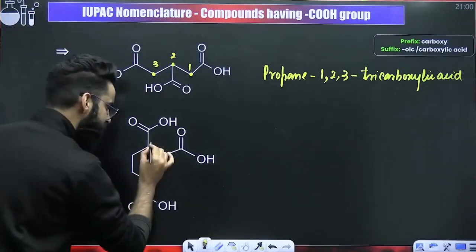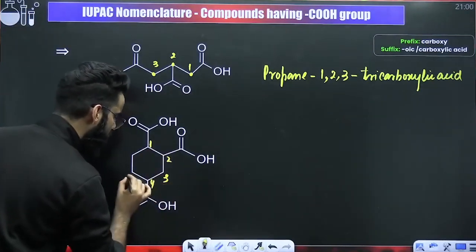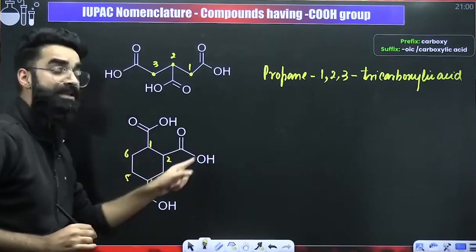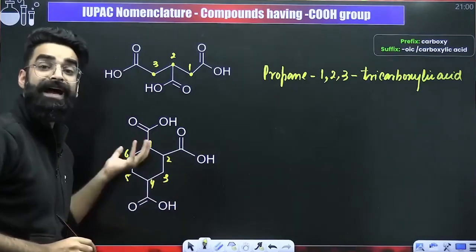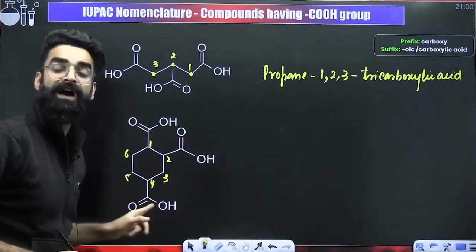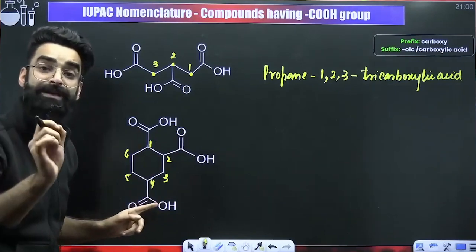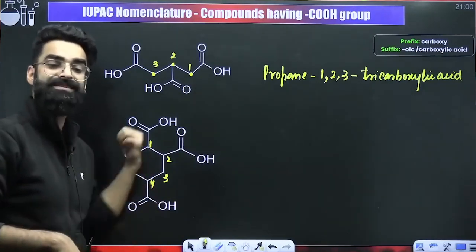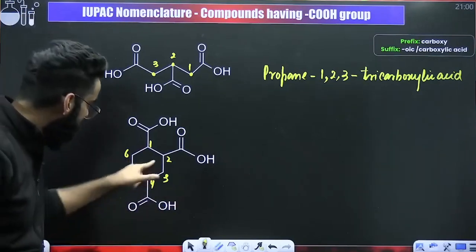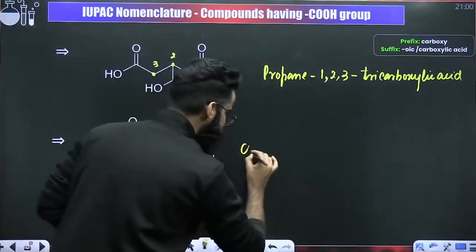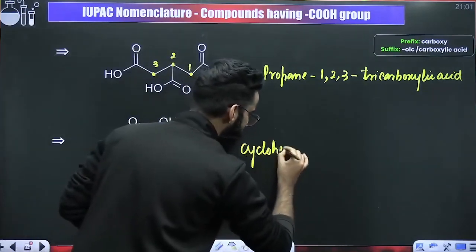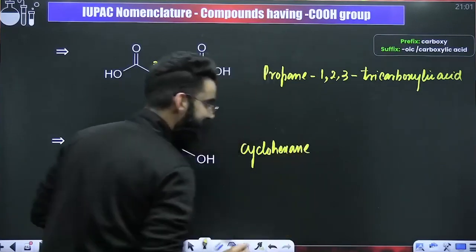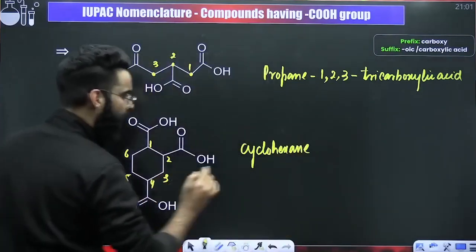Have a look. This is carbon number 1, 2, 3, 4, 5, 6. Again, 3 carboxylic acids directly attached with the parent chain. None of the carbon of the carboxylic acid is to be considered in the parent chain. Now, it is cyclohexane basically, at 1, 2 and 4.